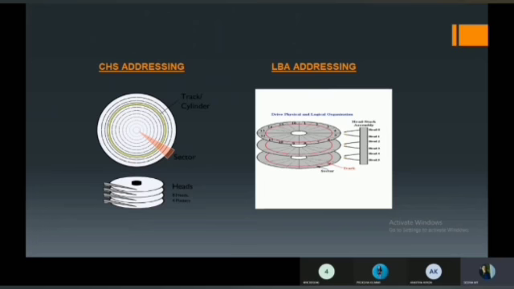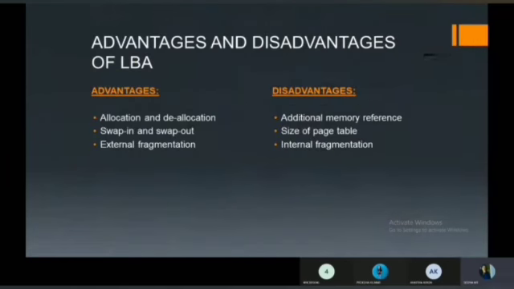Next is the advantages and disadvantages of LBA. Advantages are allocation and deallocation: allocation of memory is very fast, as only the list of free frames needs to be maintained.